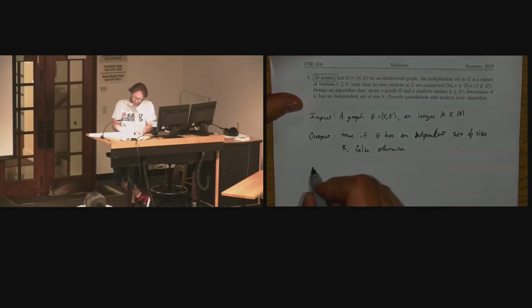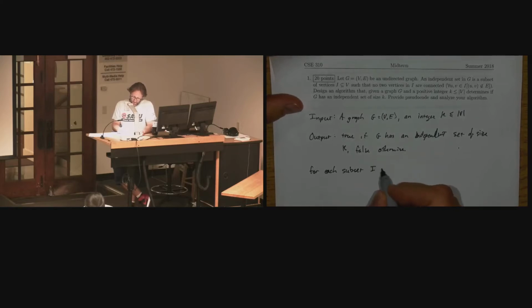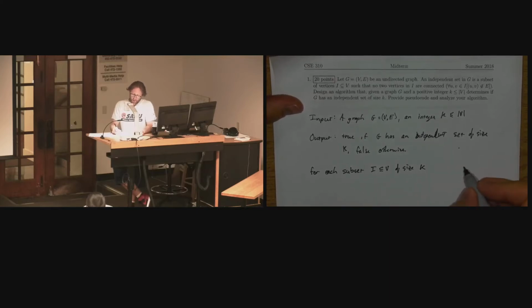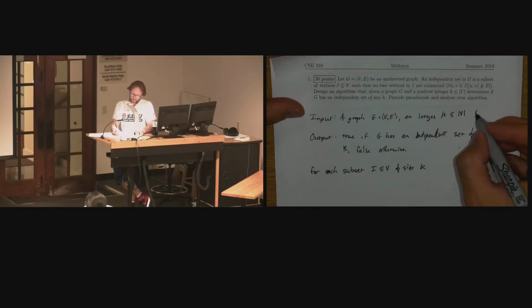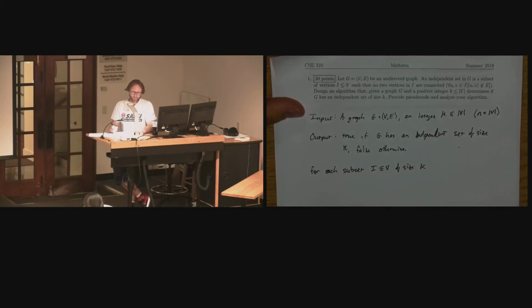All we need to do is a simple for loop for each subset I of the vertex set of size k. Now before we go on, remind me, how many of them are there? How many possible subsets are there of a set of size n? N is the size of the vertex set, that's the convention.